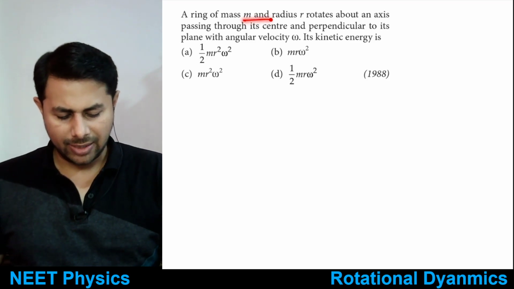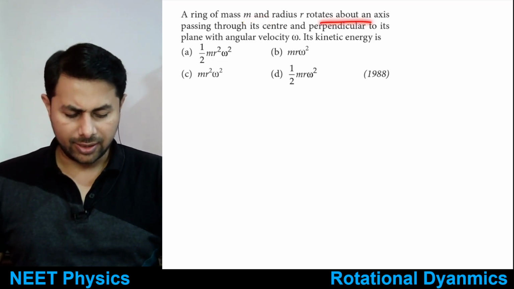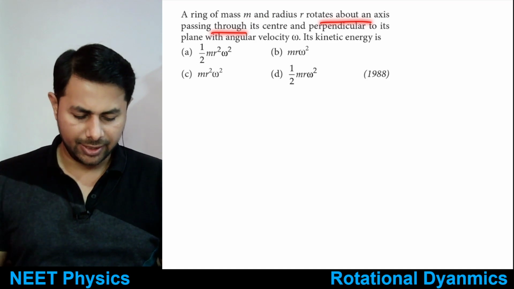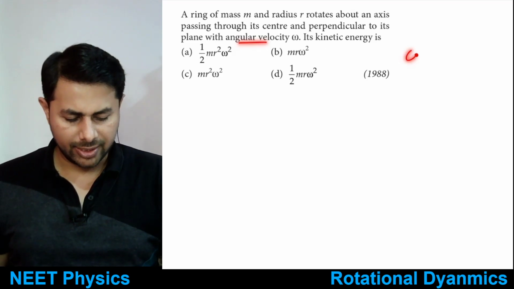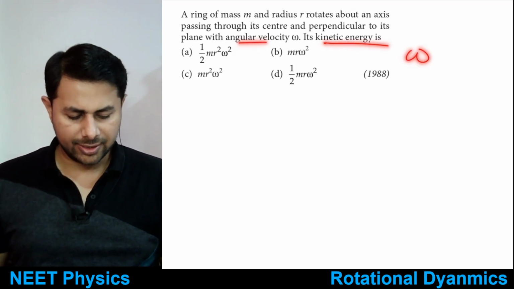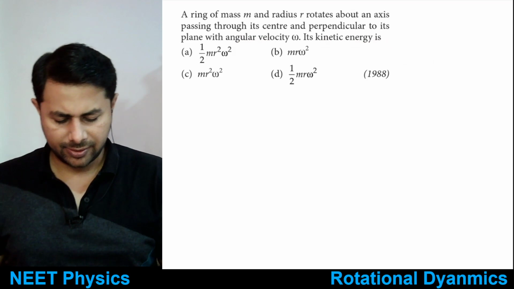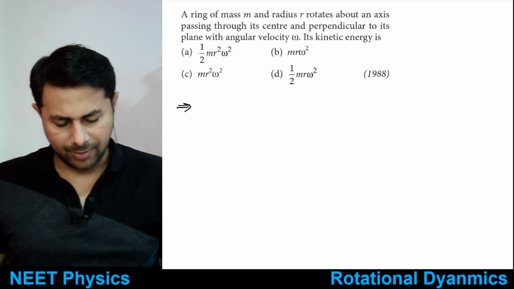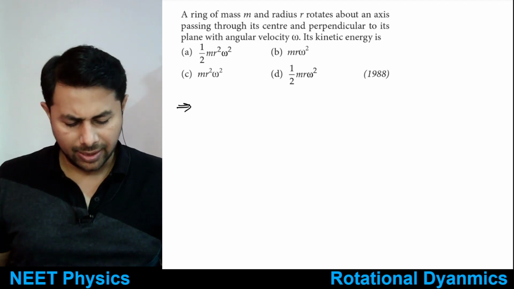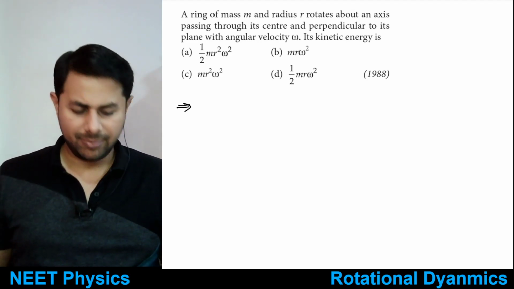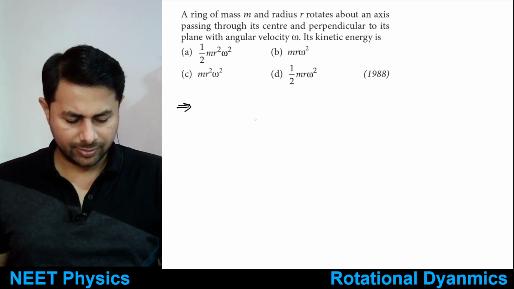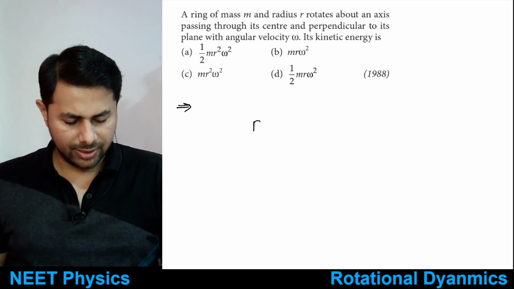A ring of mass m and radius r rotates about an axis passing through its center and perpendicular to its plane with angular velocity omega. Its kinetic energy is, so that is a ring of mass m and radius r. So what is the kinetic energy? It's very simple. E is equal to half of I omega square.